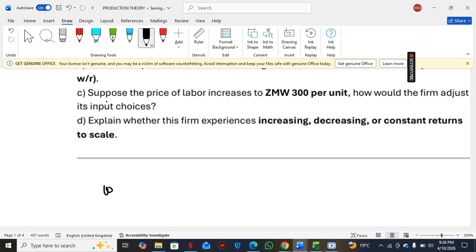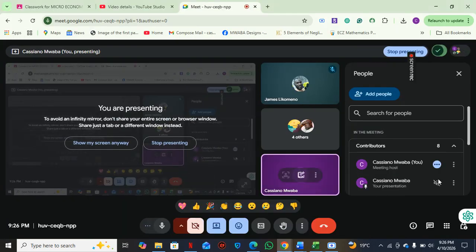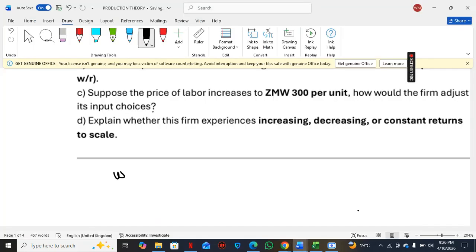W is the wage rate. L is labor, the number of workers, plus R, the rate for capital, times K. K is just the quantity of capital.